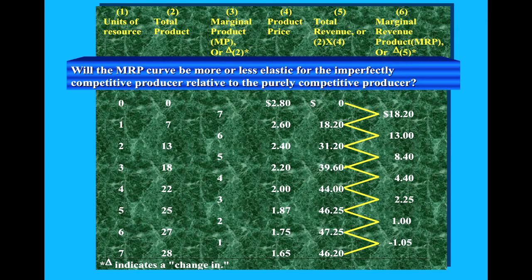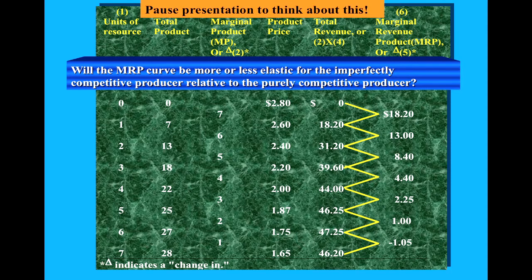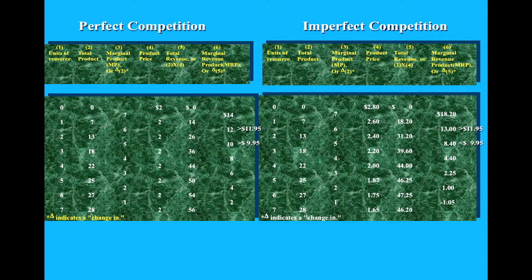Given these results, here's a tough question. Will the MRP curve be more or less elastic for the imperfectly competitive producer relative to the purely competitive producer? The MRP curve for the imperfectly competitive producer will be less elastic than that of a purely competitive producer.